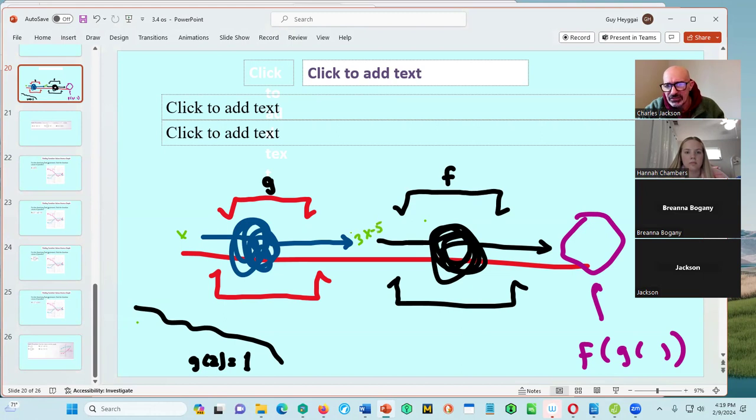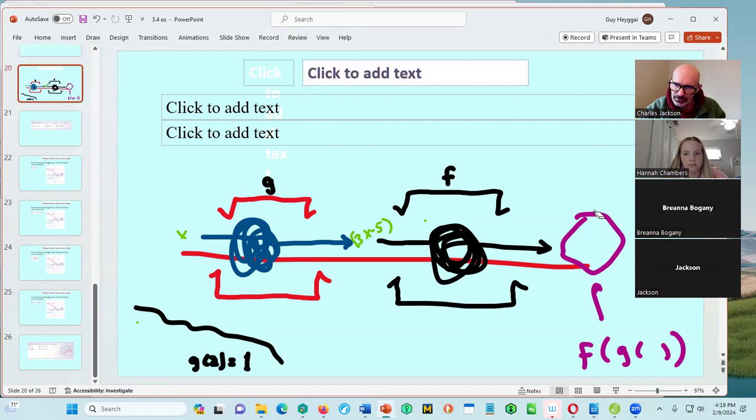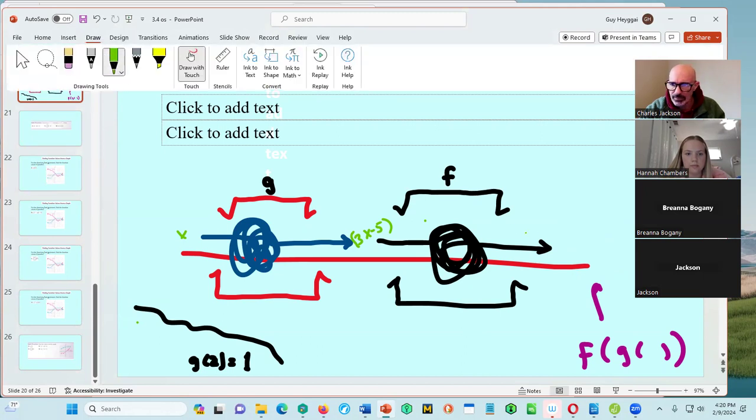f does something with the 3x minus 5, and what it does with the 3x minus 5 is it squares it.